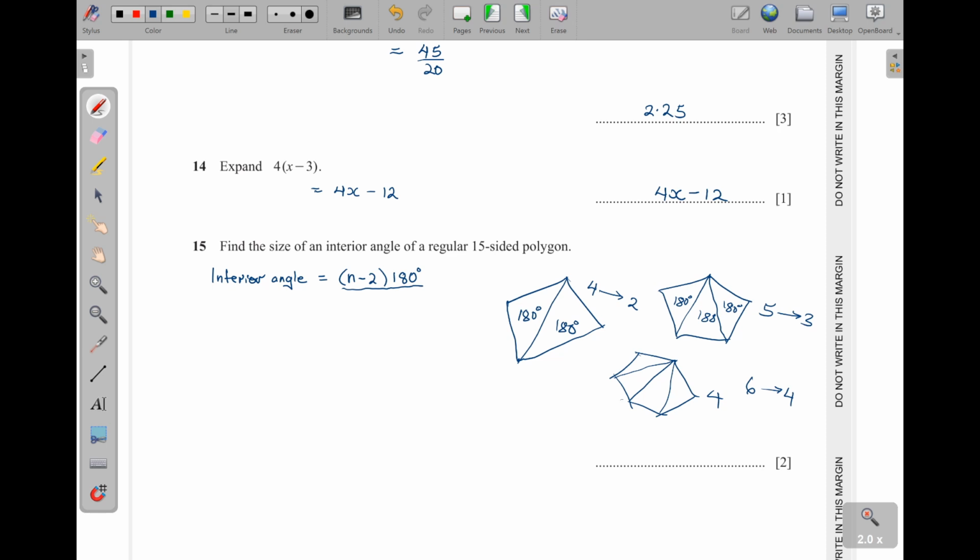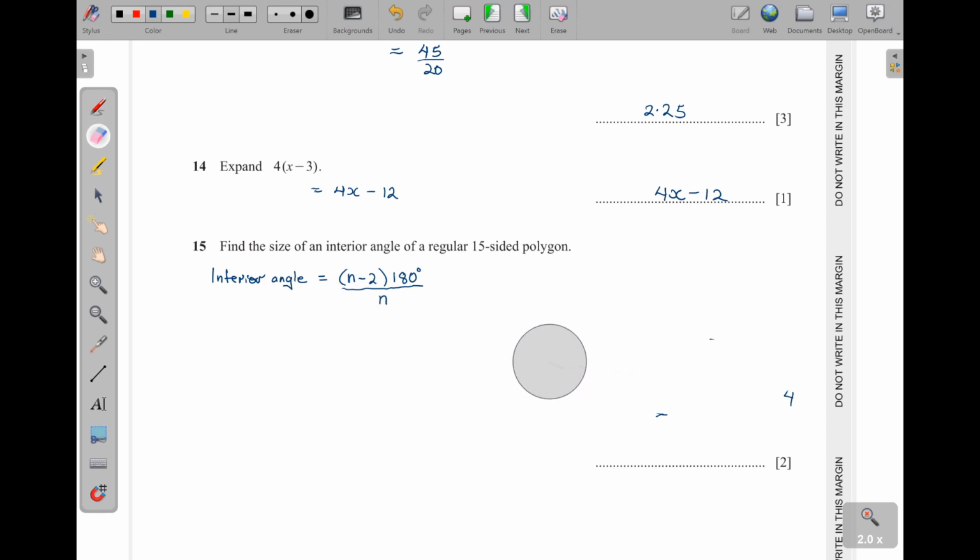Then times 180, because the sum of angles in a triangle is what? 180. Now for a regular polygon, all the interior angles are going to be equal. So how many are they? Then we just divide by n.